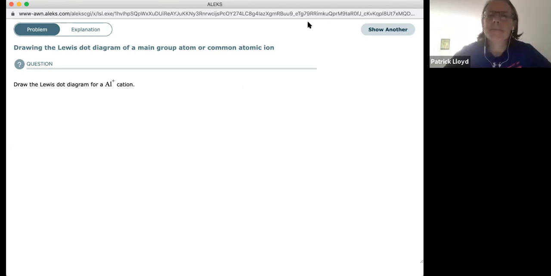So let's take a look. Okay. So aluminum is like over here. It's underneath boron. And so that's in group 3A. Okay, so aluminum has 3 valence electrons, 1, 2, 3. So that would be aluminum. That's the Lewis dot symbol or Lewis dot diagram for aluminum. But we want Al+.